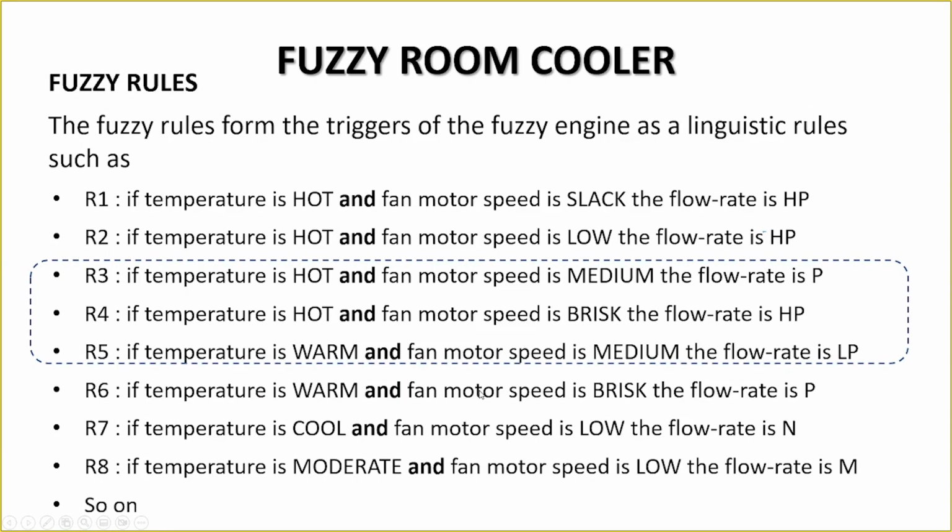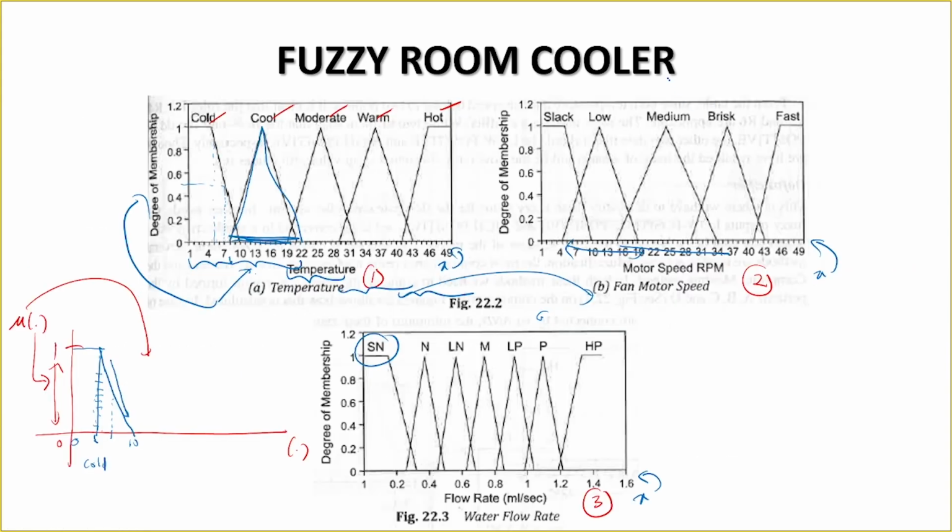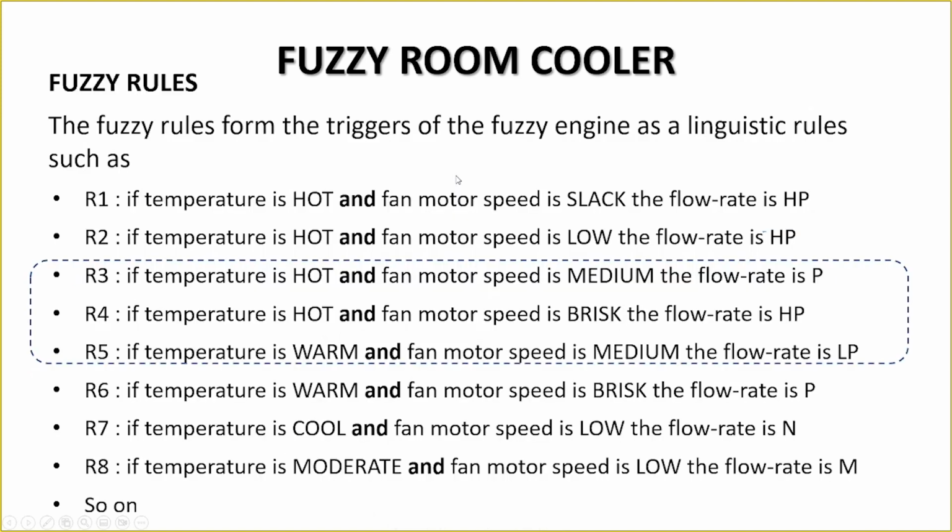Right. So then we set the fuzzy rules that we have. For example, R1 is temperature hot and fan speed is slack. So meaning HP, high positive, guys, because it is hot and the speed is slack.